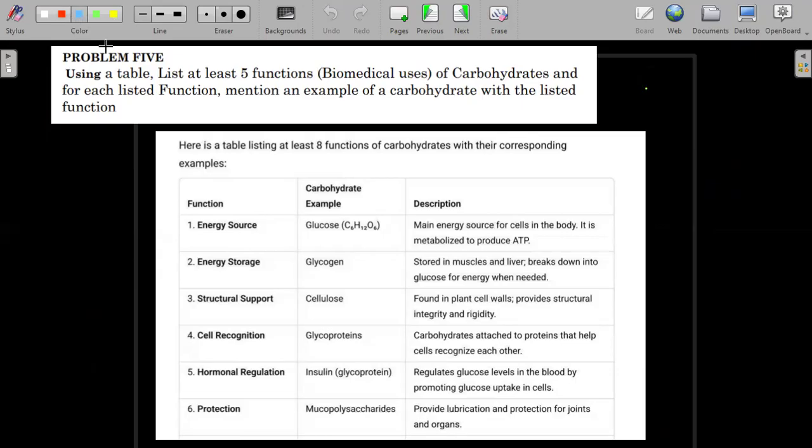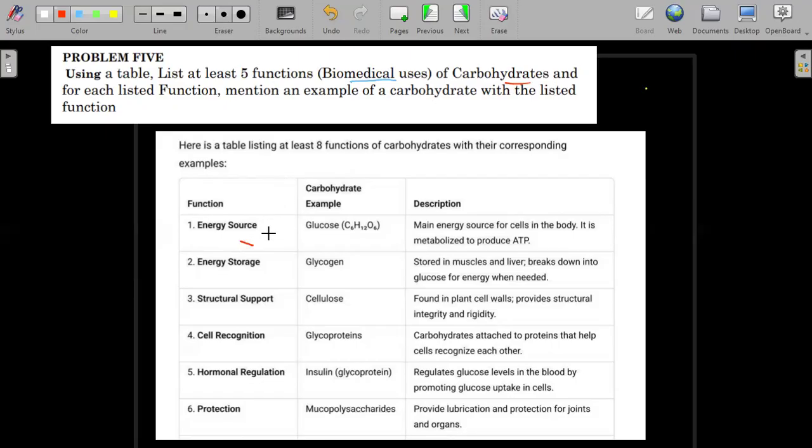Question 5: using a table, list at least 5 functions, which are biomedical uses, of carbohydrates, and for each listed function, mention an example of the carbohydrate with the listed function. So what we are going to do here is just mention the function and then give an example of the carbohydrate that does that function.